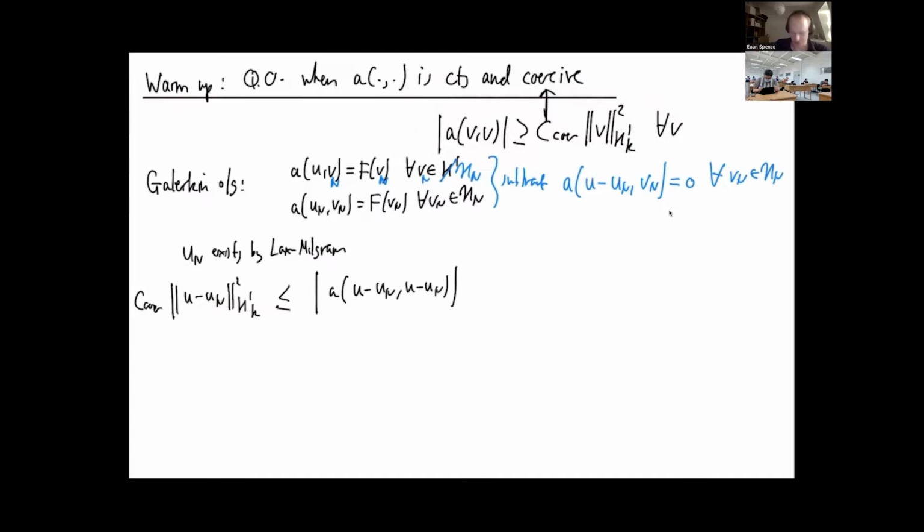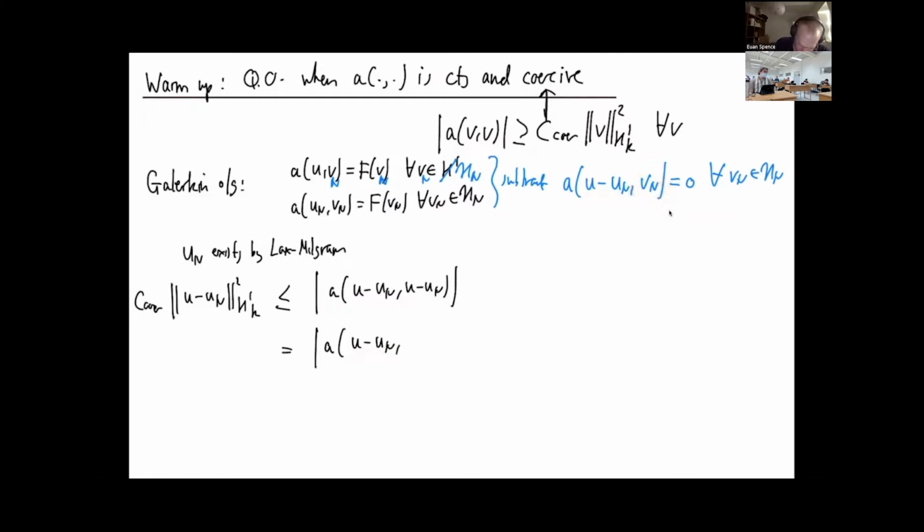Now, what else can I do? Well, I can use this Galerkin orthogonality, right? So let's just write here: by coercivity. I don't want to write it, but just so you remember, this is by coercivity. Now I use Galerkin orthogonality, because my first argument is now U minus Uh, so I can add to the second argument any element of the finite dimensional space.